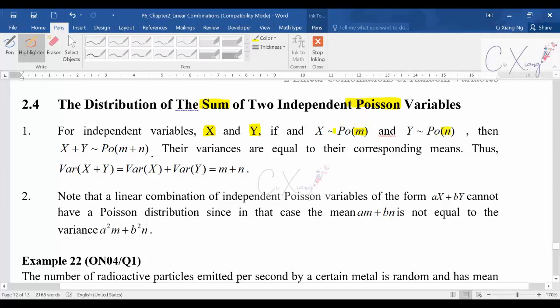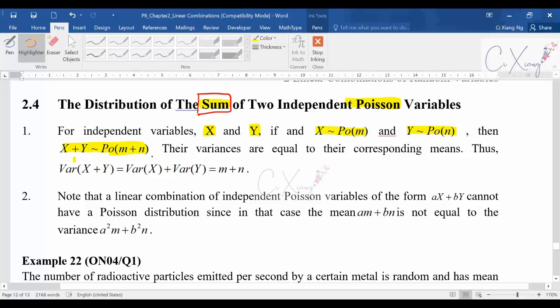So when you have these two different Poisson distributions, how are we going to find the probability when they want to add these two Poisson variables together? If I want to do the calculation for X plus Y, then if X is Poisson and Y is also Poisson distributed, X plus Y still remains as Poisson, and for the mean, you just add the means together.